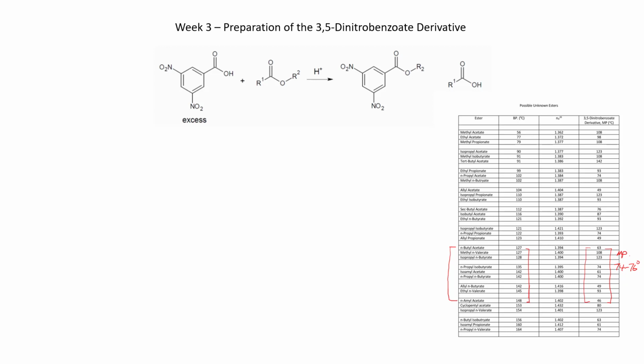Once we went through that reaction and isolated our product, we could slowly but surely begin to go through and say, yeah, maybe this one, if it's a little high, or this one, could be potential unknowns by comparing the ester of the 3,5-dinitrobenzoic acid.